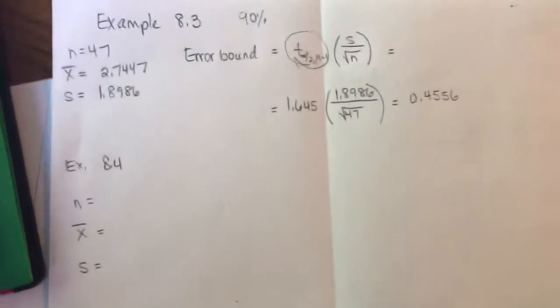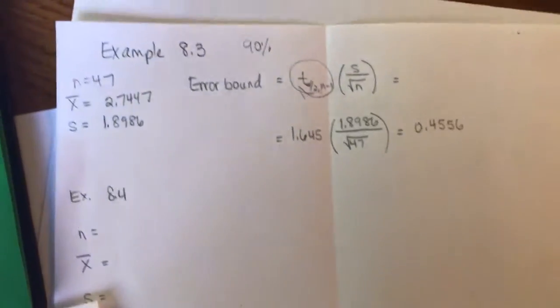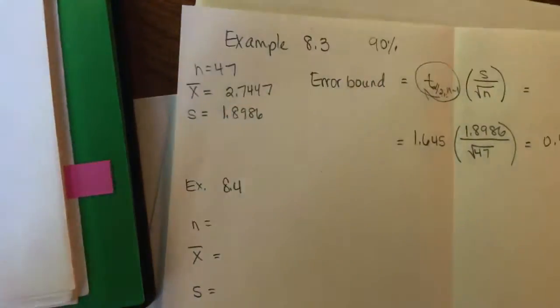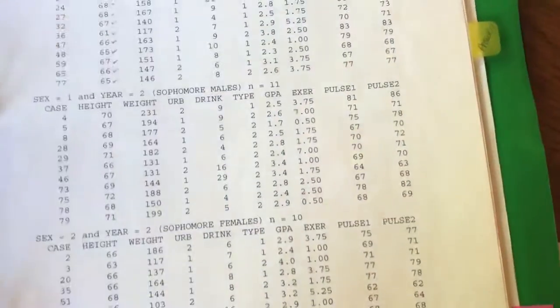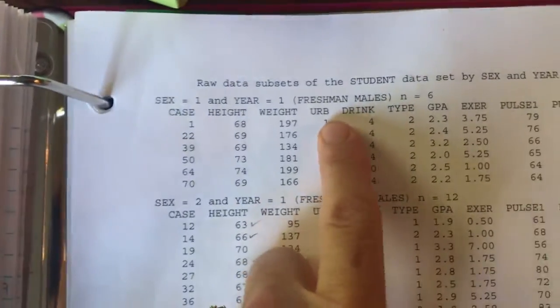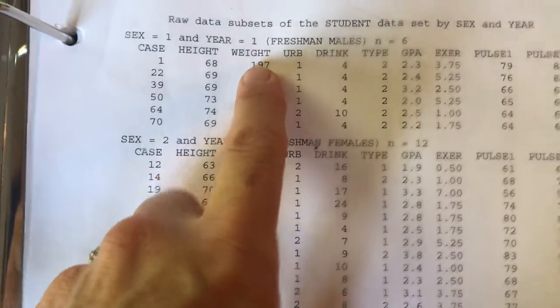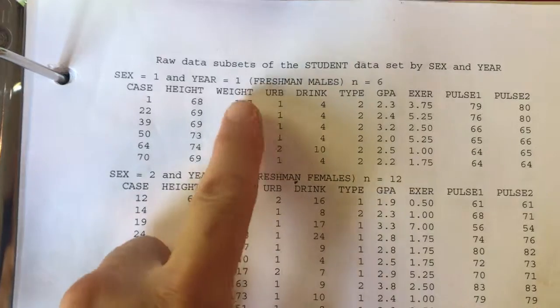So if I were you, I would pause the video real quick, and let me come back here to A6. And we're talking about freshman males' weight. So I'm coming back here to A6. This is freshman males. Notice the sample size is 6. It tells me that. You're going to have to put in these weights right in here. It's one variable.